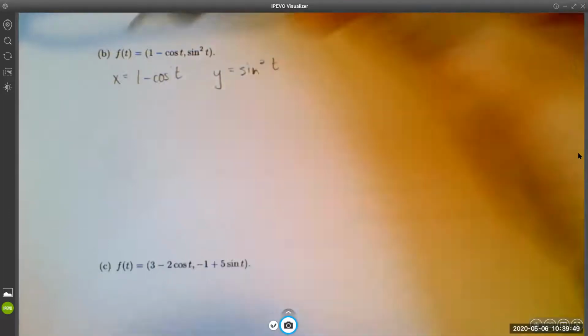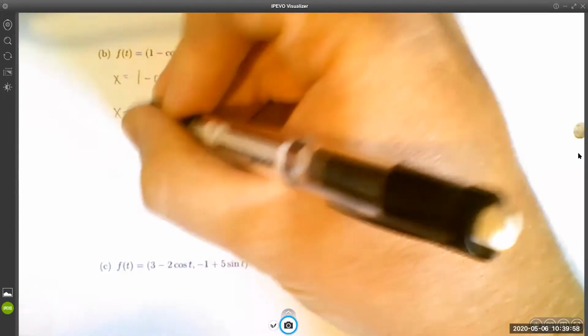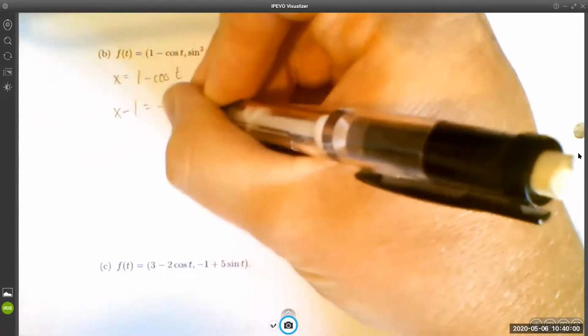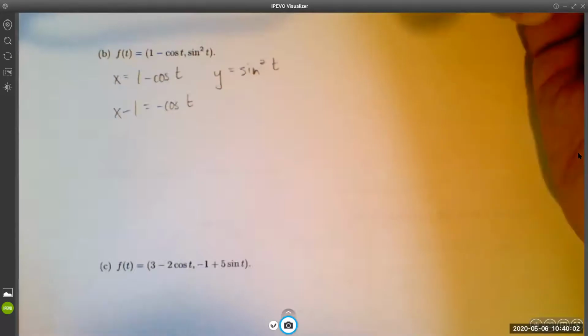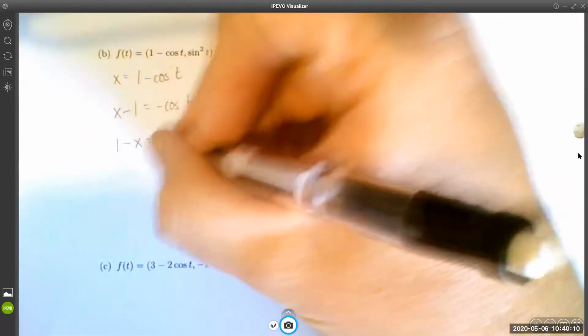So here's what I'm thinking. I'm going to move the 1 over. I'm going to get x minus 1 equals negative cosine t. And that'll allow me to solve for cosine t. So then I can say 1 minus x is positive cosine t.